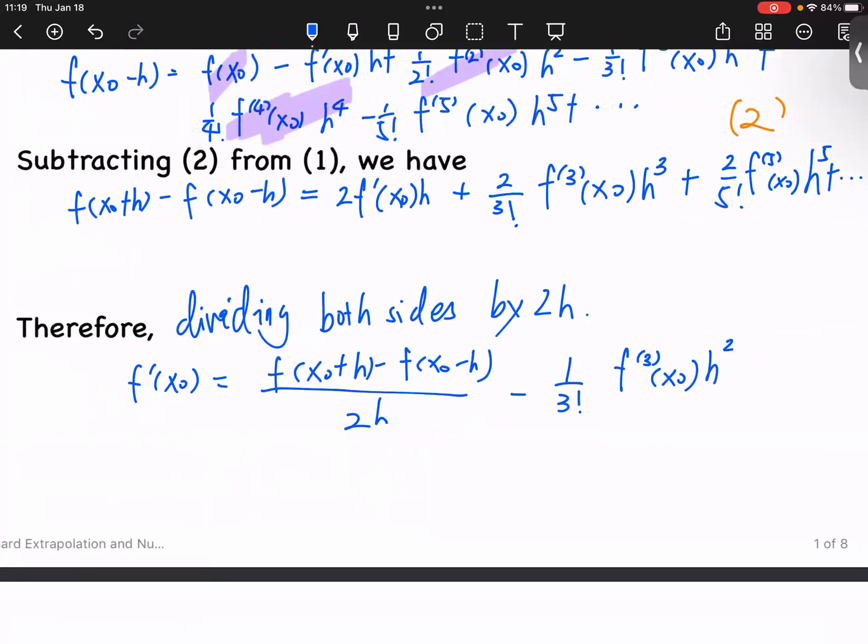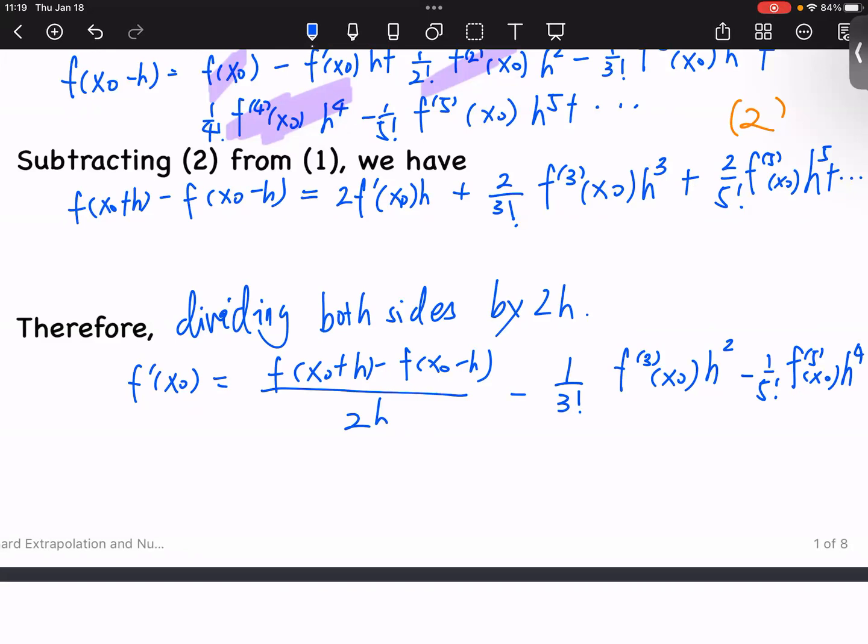We still have some terms coming after it, and that is the fourth order, because we are dividing by the 2h here as well. So this error term we have h to the order of 2, and this one is these terms divided by 2.